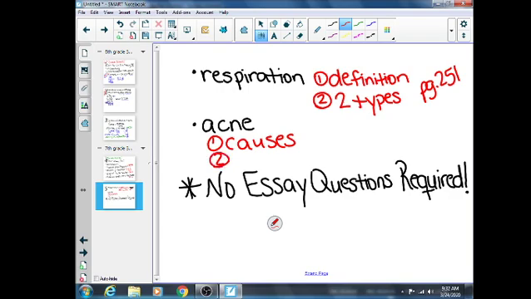What specifically occurs? That is in our section on skin, which is 5.2.3. That is where you'll find the answer on acne and how it develops.